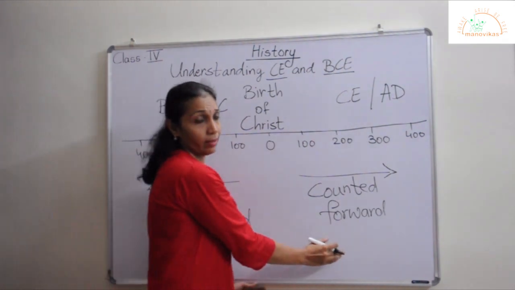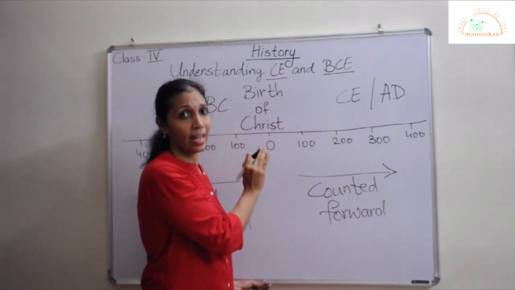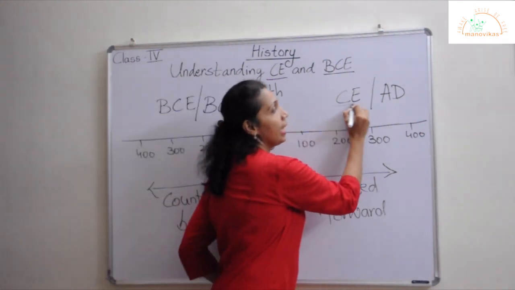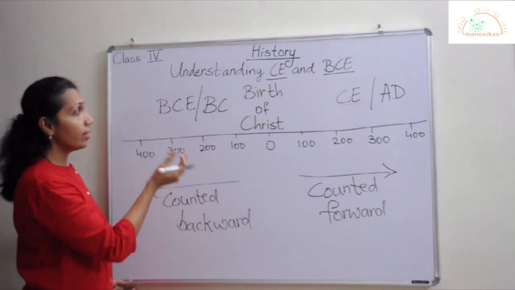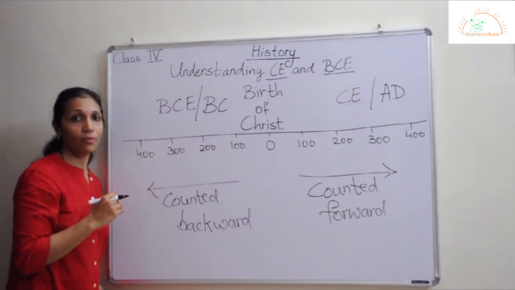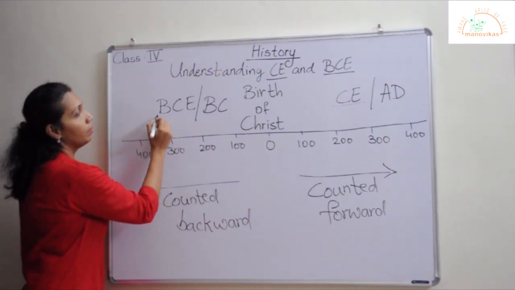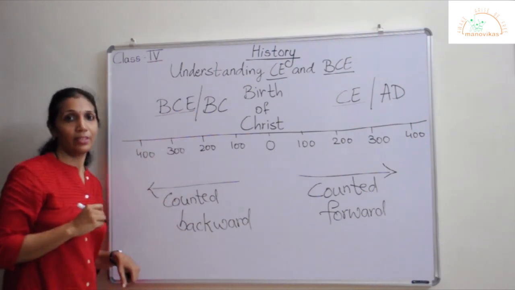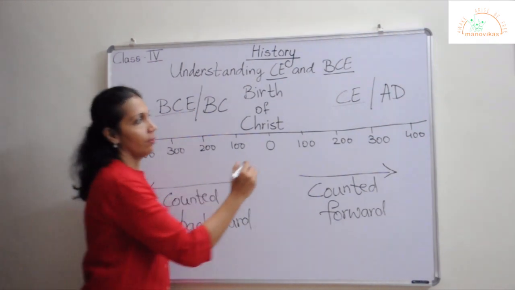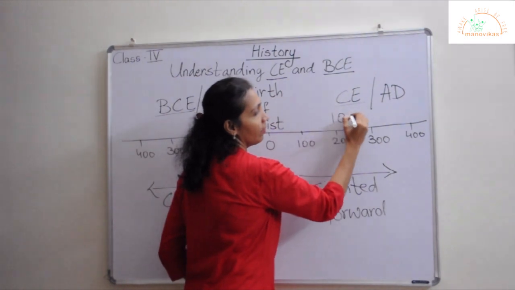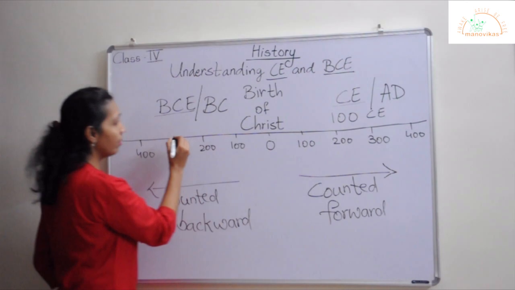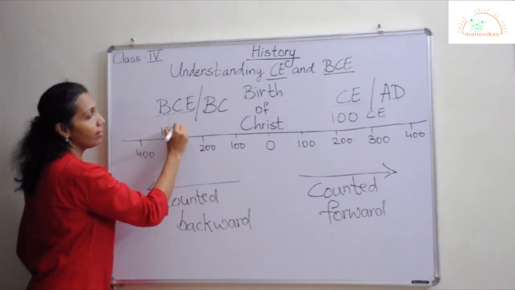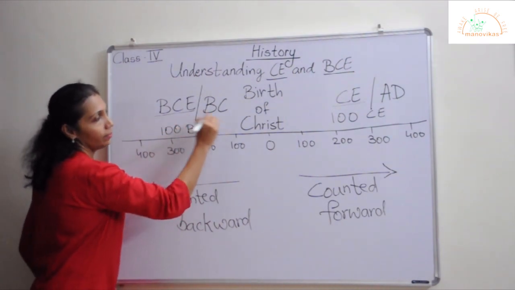The years after the birth of Christ have CE written after them, whereas the years before the birth of Christ have BC written after them. For example, here we will write 100 CE and here we will write 100 BCE.